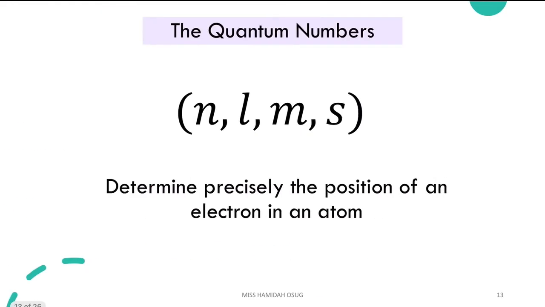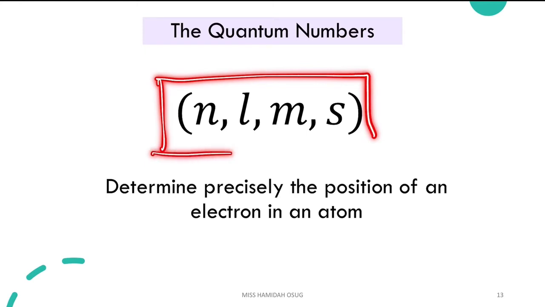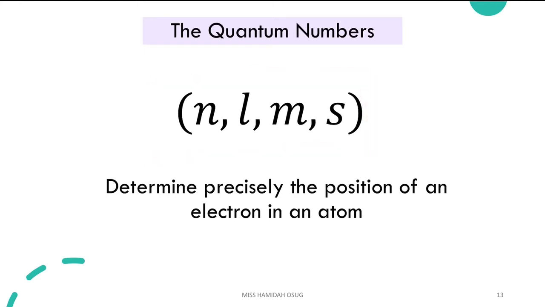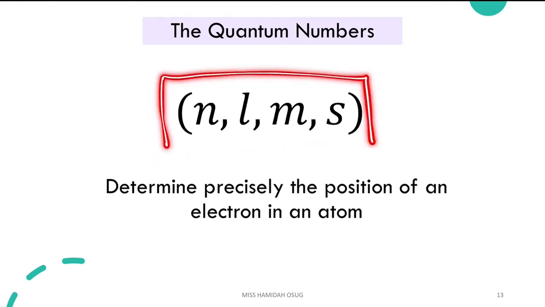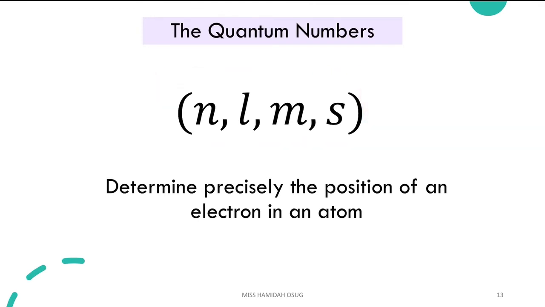So, as a conclusion, what is actually quantum number? A set of complete quantum numbers will include n, l, m, s, which is used to determine precisely the position of an electron in an atom.